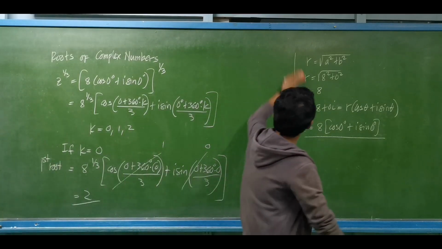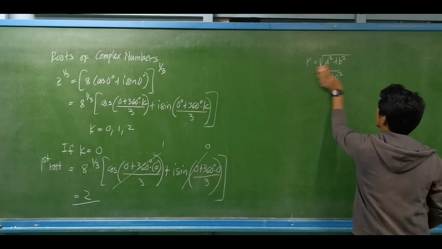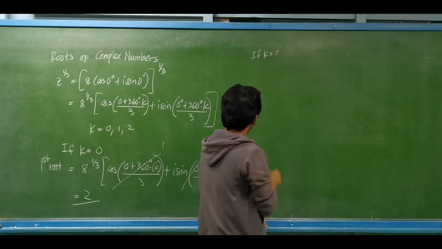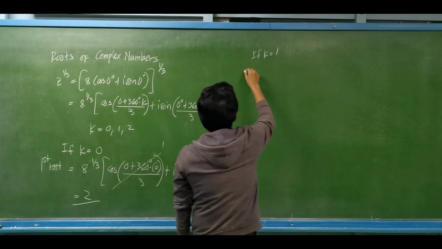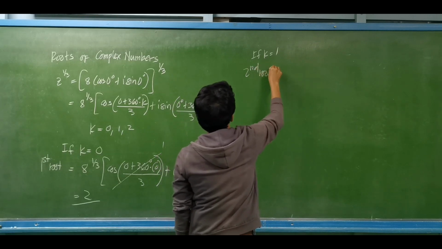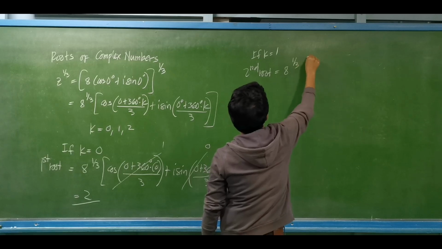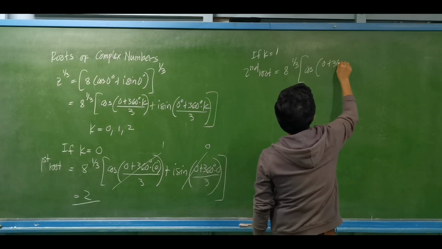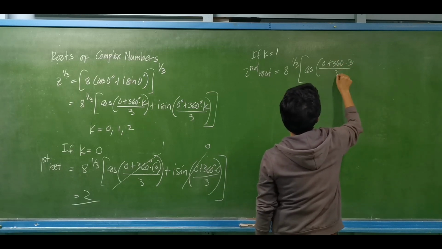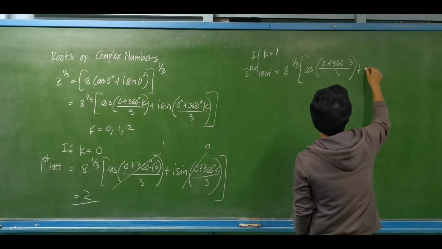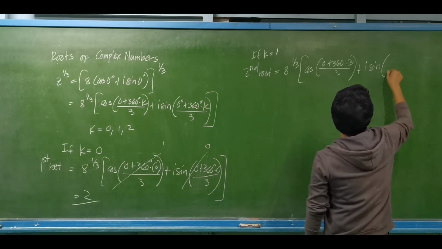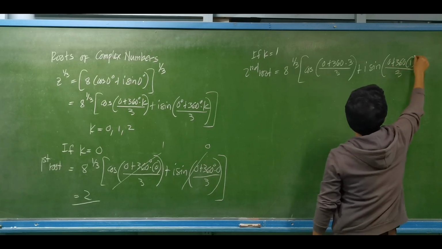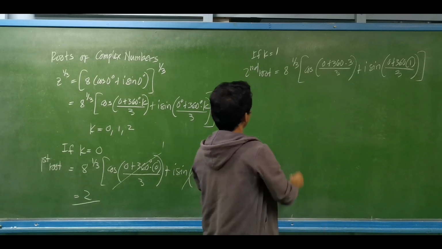To determine the second root, k is now equal to 1. The second root is equal to 8 raised to 1 over 3 multiplied by cosine of (0 plus 360 degrees times 1) divided by 3, plus i sine of (0 plus 360 degrees times 1) divided by 3.